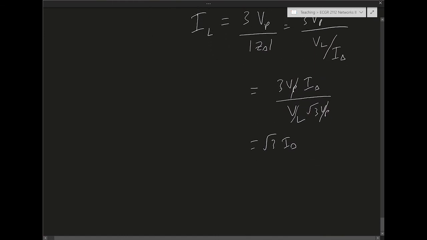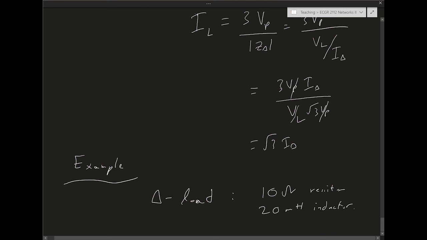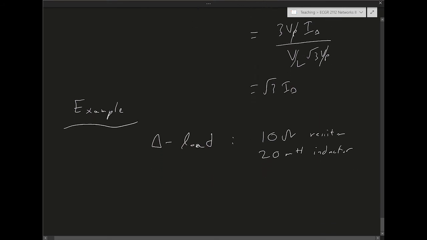Let's do an example. We have a balanced delta load consisting of a 10 ohm resistor and a 20 millihenry inductor, and then we have a Y source, again balanced, with VAN equals 120 at 30 degrees.